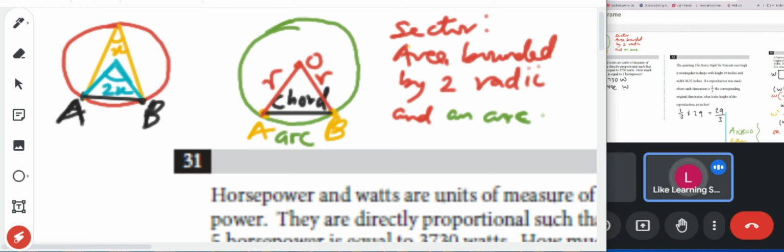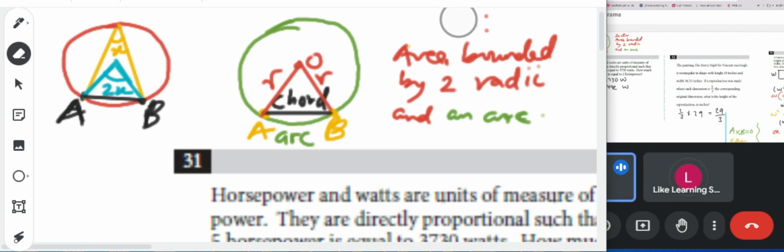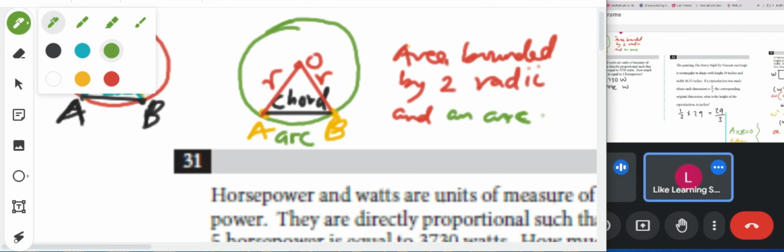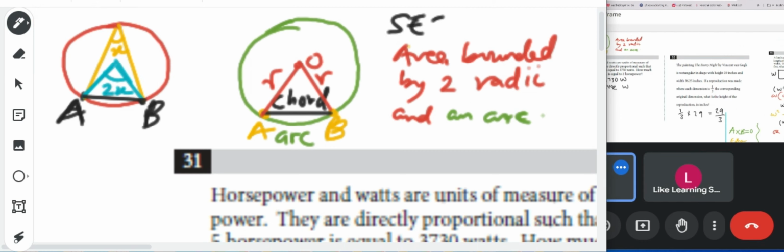So you have major sector, the bigger one, and minor sector, the smaller one. So the area bounded by two radii and an arc is a sector. I think that's noted. Did you hear me? Yes, sir.